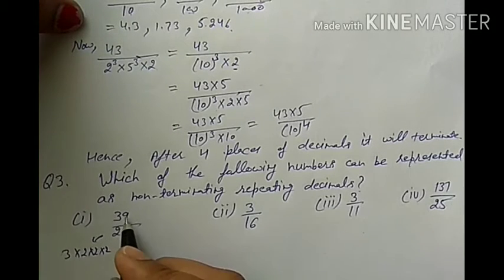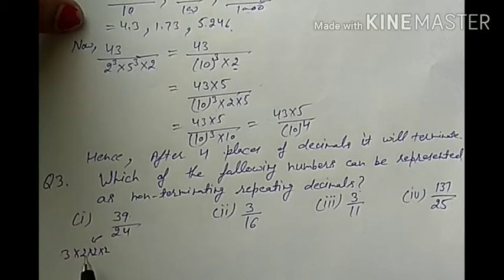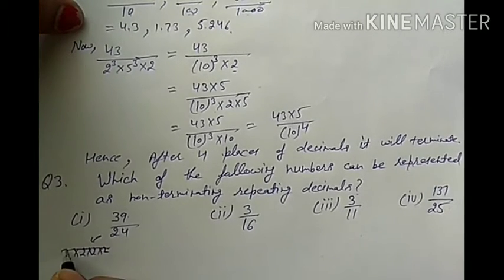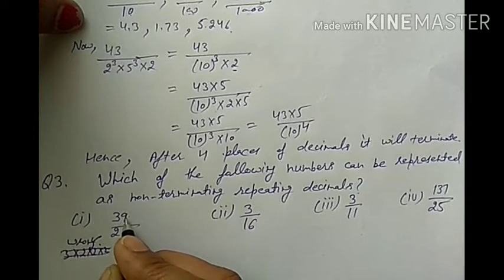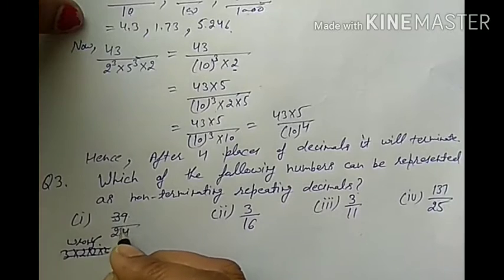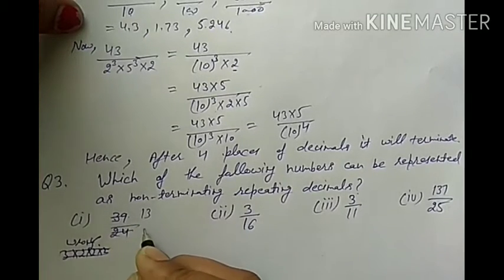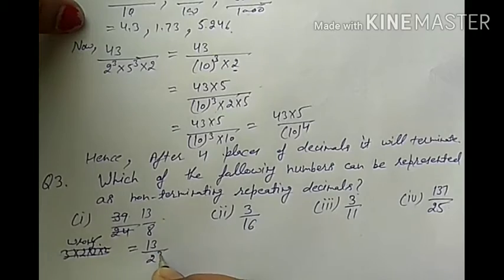But since 39 by 24 is not in standard form, this method is wrong. First we will make it in standard form. So divide by 3, we get 13 by 8. Now 13 by 8 is 13 over 2 raised to power 3.